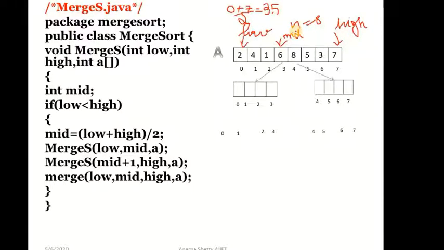Now suppose there are an odd number of elements in the array, then you cannot split it into 2 equal halves. In that case, one part will have one element more than the other part. But in our example, we have 8 elements, so we can split it into 2 equal parts, each part having 4 elements.